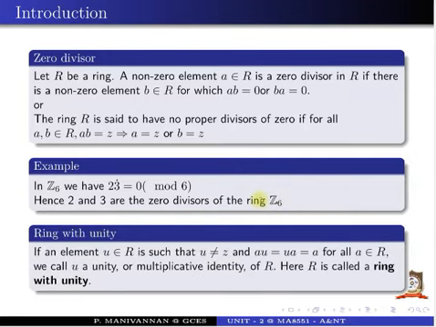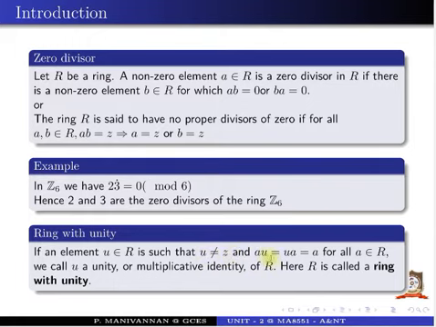Then what is a ring with unity? Here the unity is not the additive identity, but the multiplicative identity. If an element u belongs to R is such that u is not equal to the 0th element, that means not equal to the additive identity, it must be different.